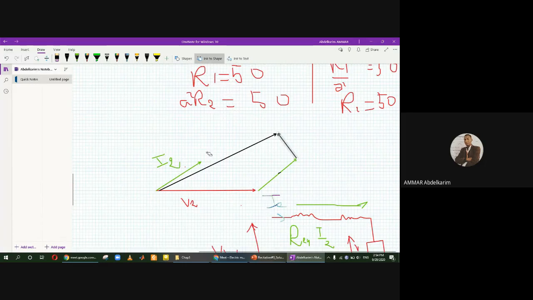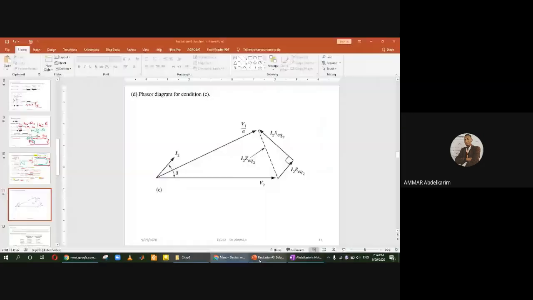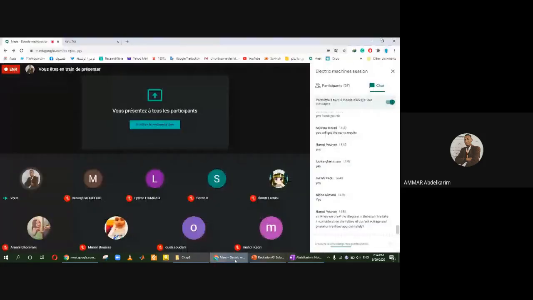This is the no load voltage, V1 over A. But in fact, according to our measurement, its magnitude is less than this, it should come out shorter than this. So I said you should respect the scale.